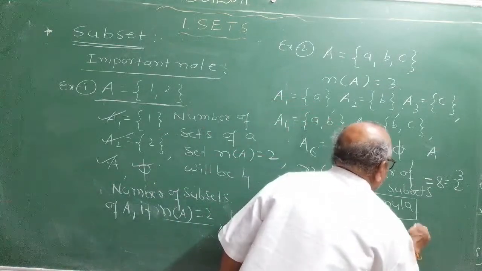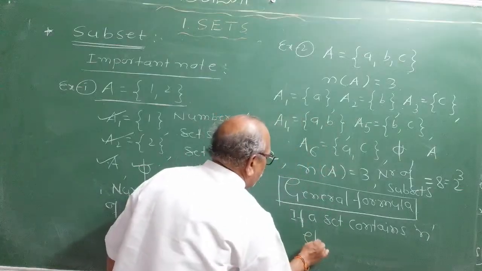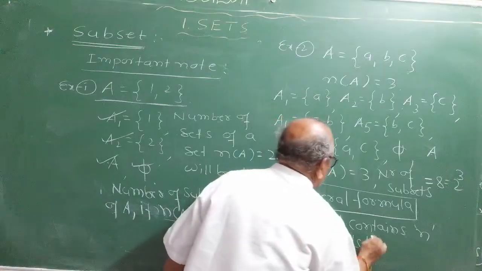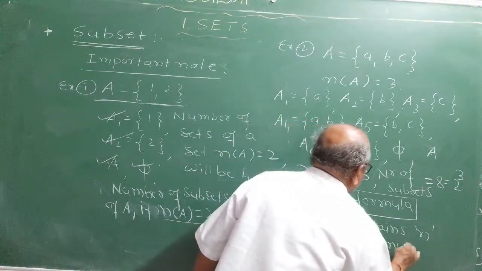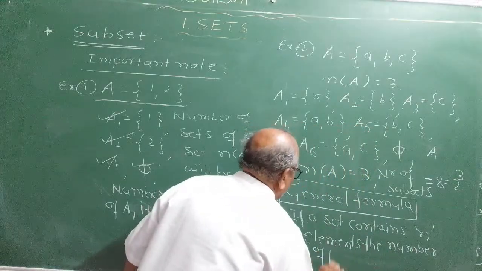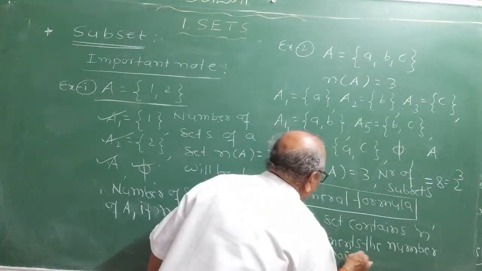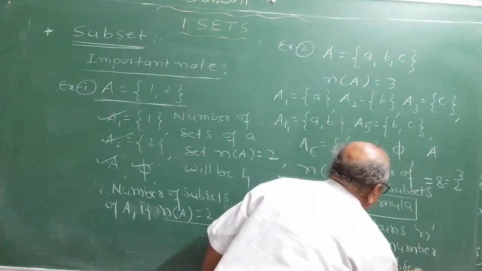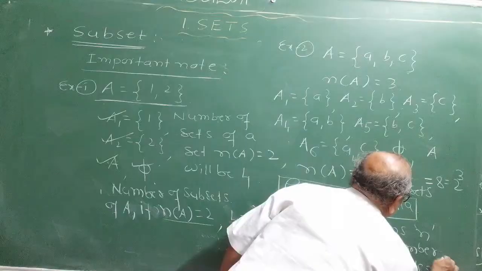n elements, then the number of possible subsets is equal to 2 raised to n.